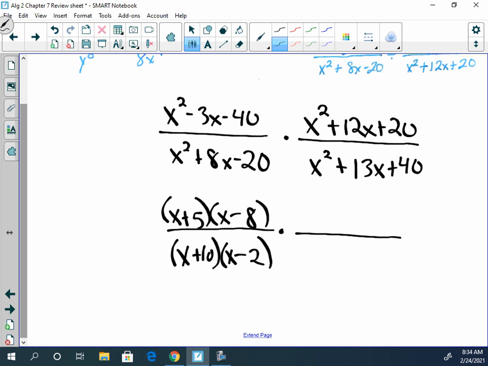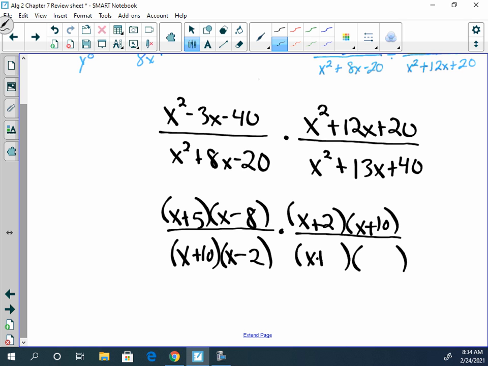Okay. That'll bring us up here to the numerator. Since the 20 is positive and the middle term is positive, they're both going to be positive. Factors of x squared are going to be x and x. Now the factors of 20 that would give us 12 are 2 and 10.